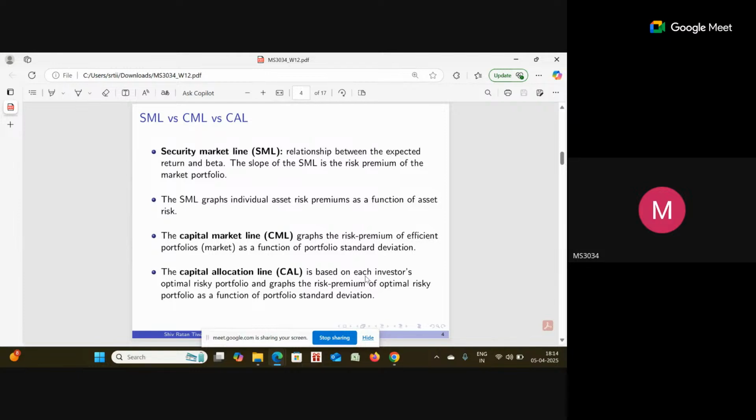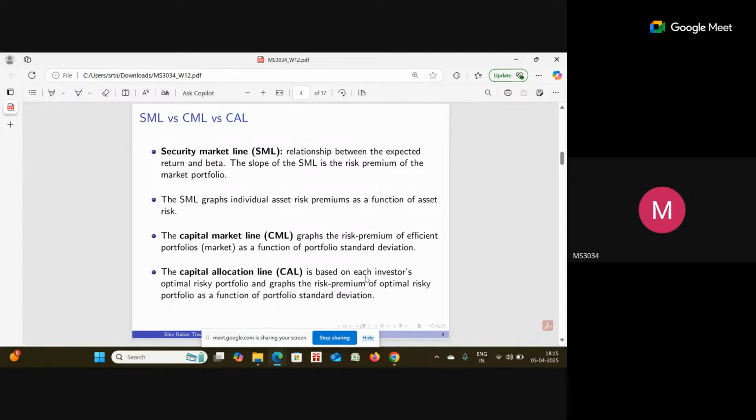The key point to note here is that in CML and CAL both, on the y-axis, the vertical axis, the asset returns are there, and on the x-axis there is standard deviation. But in the SML, on the y-axis there is expected return, and on the x-axis there is beta of the asset. This is the key difference between these two things.